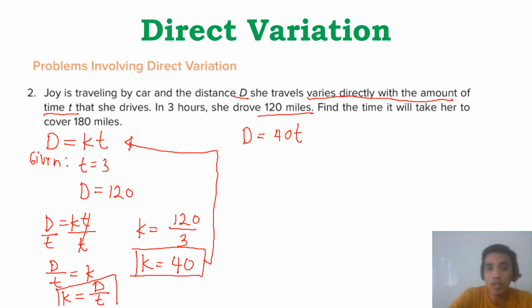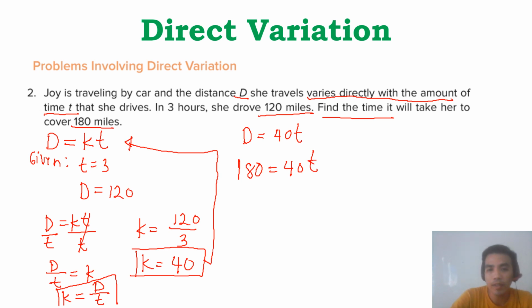So, the question is, find the time it will take her to cover 180 miles. So, yung tinatanong is yung time. Find the time. So, ito yung time natin. 180 miles, this is our d. So, papalitan natin yung d ng 180 miles: 180 equals 40t.